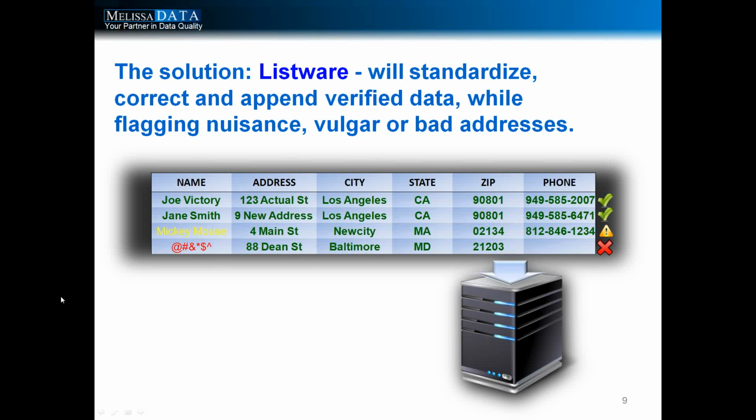With Listware, we will allow you to address these problems via an easy-to-use interface. This Excel component will validate, verify, update stale or old data, identify inconsistent or mismatched data elements, and resolve or append incomplete data.